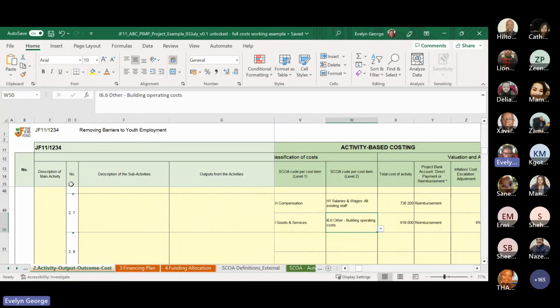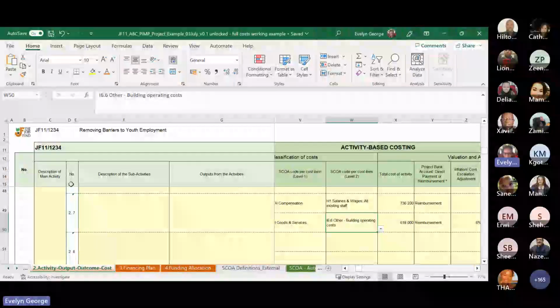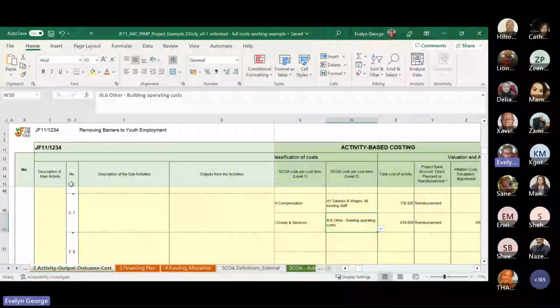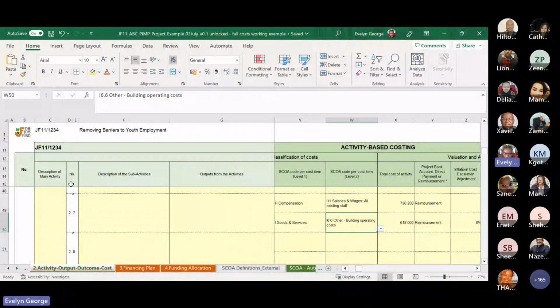One relates to Julius's question around costs that we include in the project. In the example, it said the applicant had spent $1 million on the pre-establishment aspects of the buildings, including architects, planners, etc. That we would consider a pre-project cost or pre-approval cost, and it should not be included in the PIMP. So to respond to your question, Julius, you're correct.